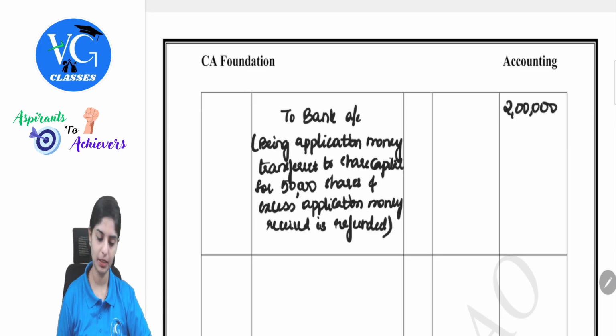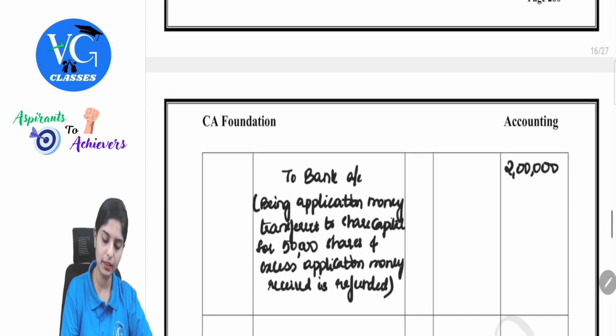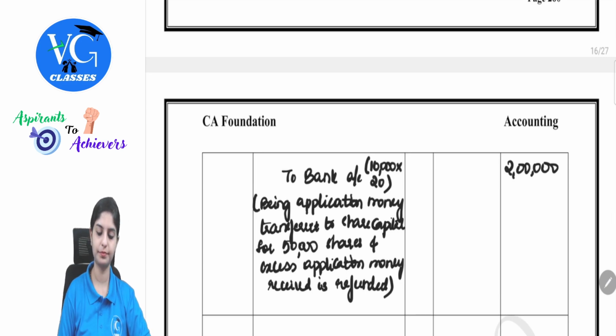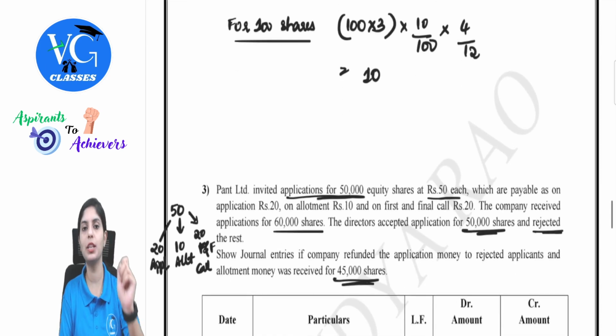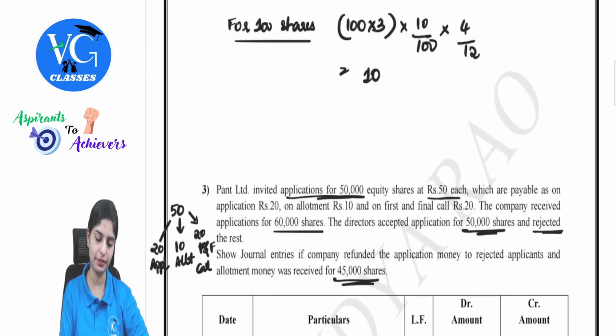Is this clear? Yes. So how did we get for bank? 10,000 into 20. Clear all of you? Yes. 10,000 was the extra application because 50,000 was issued, 60,000 was received.